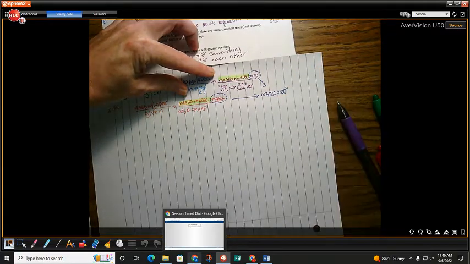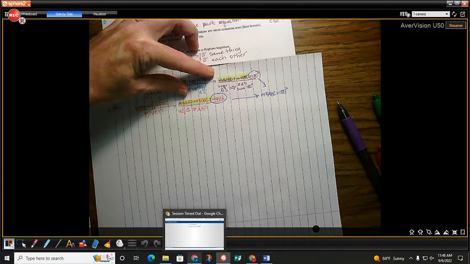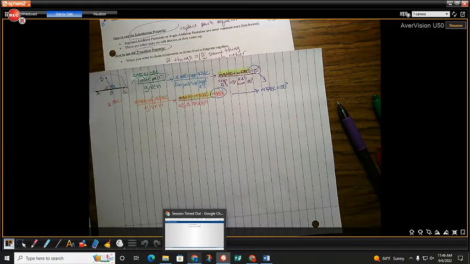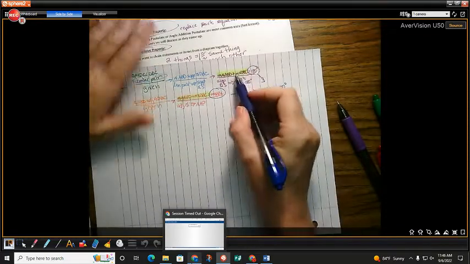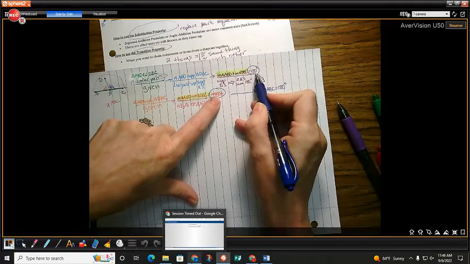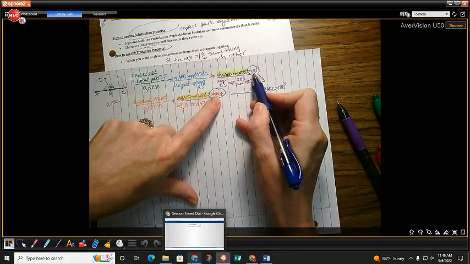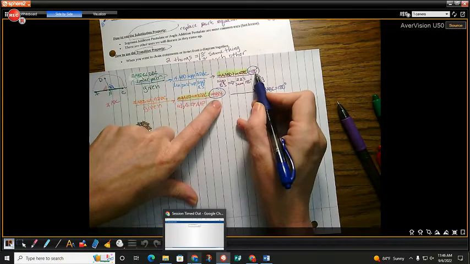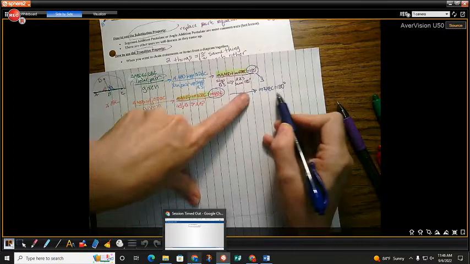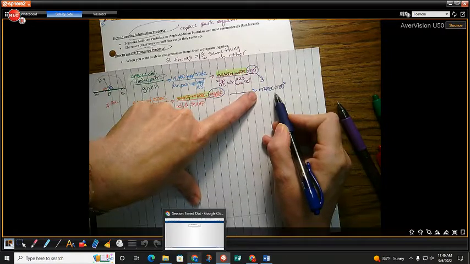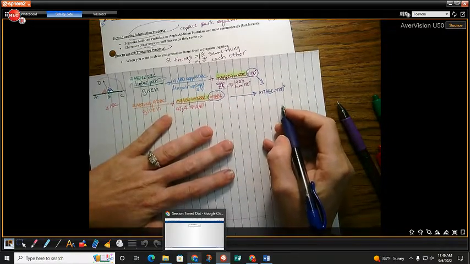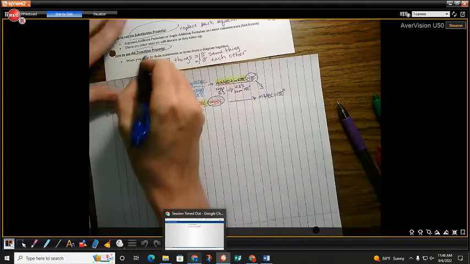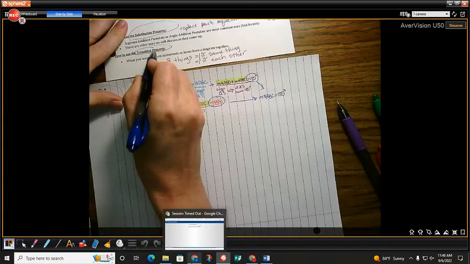Do you understand this? Nope. Okay, see how I have two different things in the two chains? Are they both equal to the same green chunk? If two things are equal to the same thing, can I say that they're equal to each other? Yes. What rule lets me say that? Transitive.